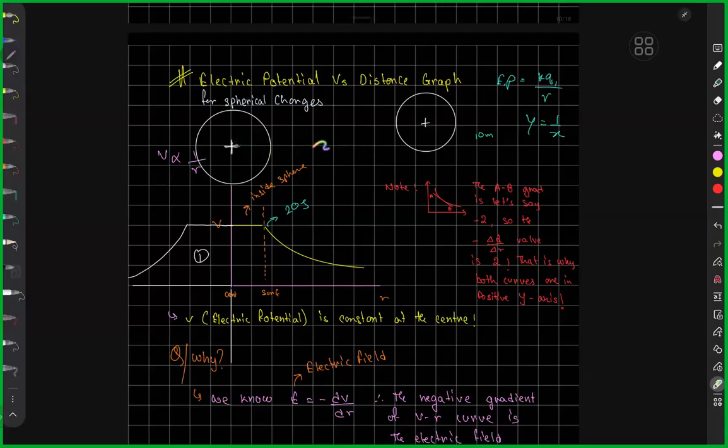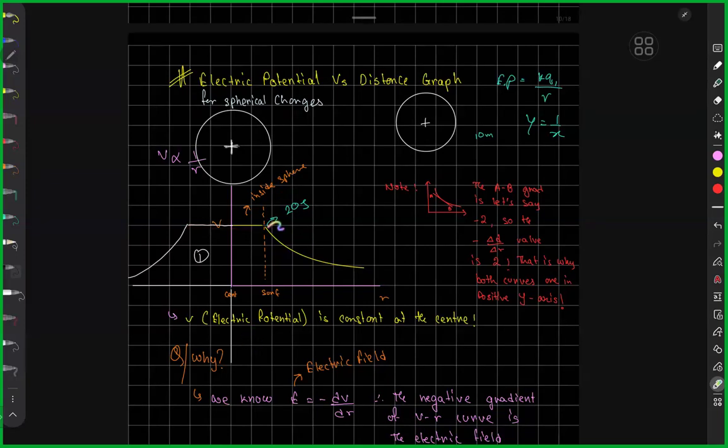So if 20 joule of work was done in bringing this charge to the surface, the work done remains 20 joule inside the sphere as well, because there is no force inside the sphere. So no extra work is done inside the sphere. Okay, that's why it is constant inside the sphere.